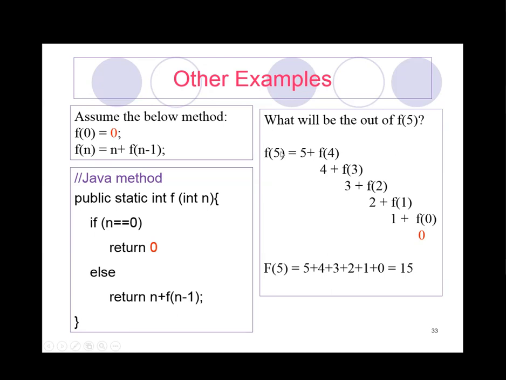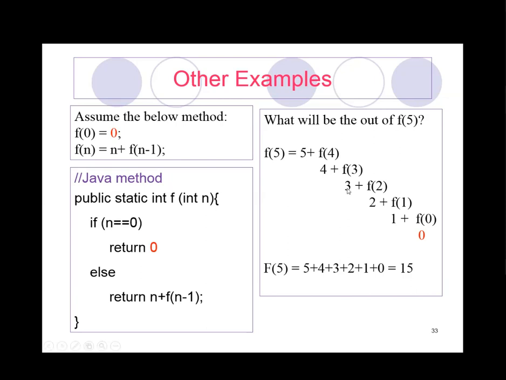f of 5: is 5 equal to 0? No, so it will be 5 plus f of 4. Then f of 4: is it equal to 0? No, so it will be 4 plus f of 3, and so on. f of 1: is it equal to 0?